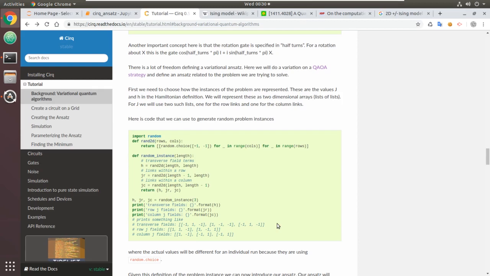Then the column fields, this must have to do with this.